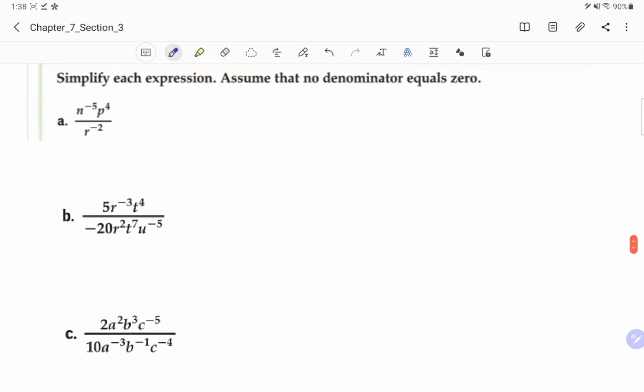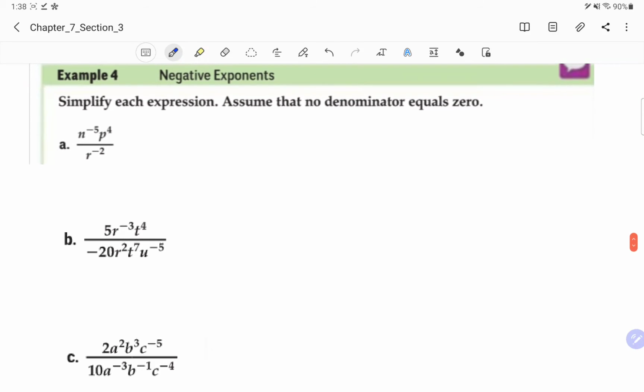So if we look at example 4a here, what we need to do is we need to get our exponents all in the correct position. Okay, so I'm going to break this all up. N to the negative 5 over 1, 1 over r to the negative 2, and p to the 4th over 1. So now everything is in fraction form so I can get things where they belong.